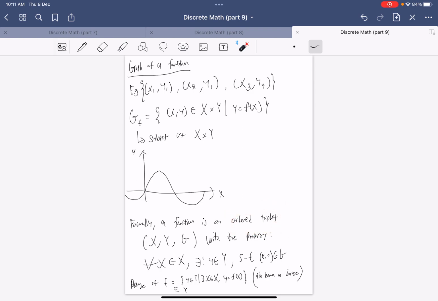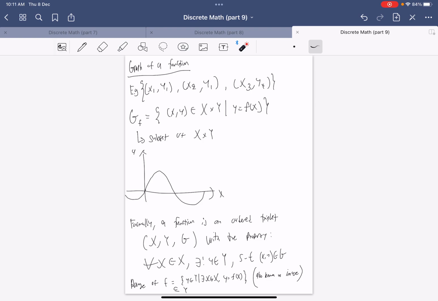Why we want to give this definition is because it allows us to say when two functions are the same and what gives a function. So to give a function, you just need to tell us the domain, the codomain, and the graph in this ordered triplet form. And this ordered triplet must have the property that every x in this set has a unique y in this set such that the ordered pair lies in the graph.